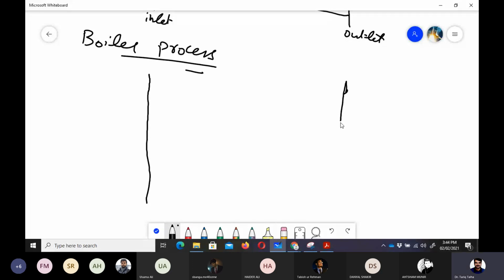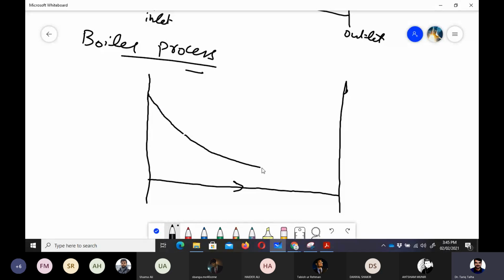Again, if you have got this inlet and this outlet, in this case the steam which would be flowing through that boiler would be the cold fluid, because the saturated water is being converted into vapor state. So it means that it is going to take heat from some source. It can be hot gases, it can be combustion, by burning some fuel, or a nuclear reactor or anything. So that hot gases would have a decrease in their temperature like this.